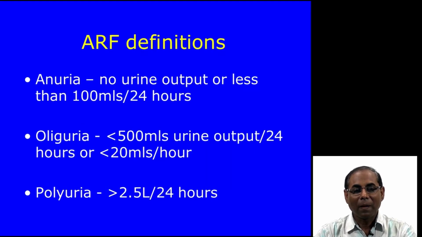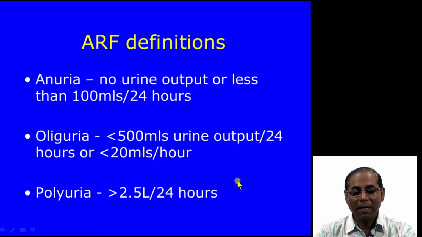Now, clinically we can look at it in a very different way. The patient may come to the OPD without any urine formation. So, there is no urine output, or even less than 100 ml per 24 hours. So, clinically we call this anuria. Then it can be less than 500 ml, and some people say less than 400 ml of urine output per day, or less than 20 milliliters of urine per hour, then we call it oliguria.